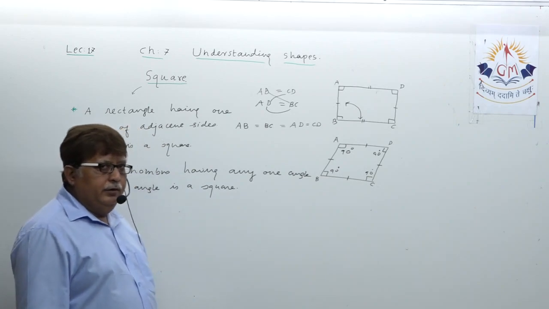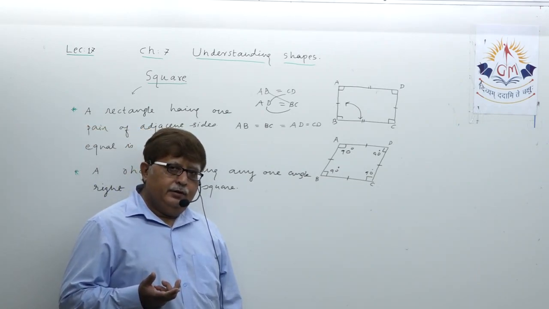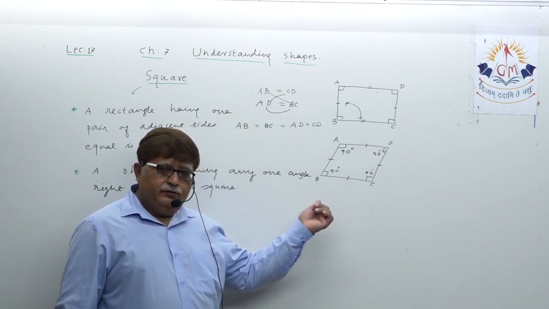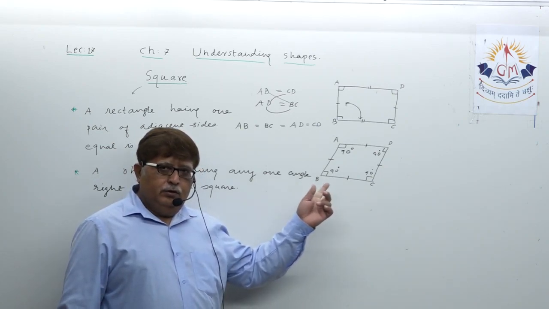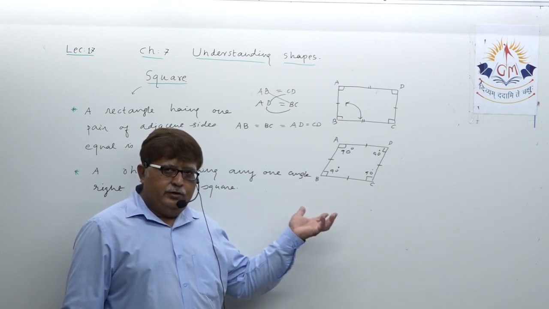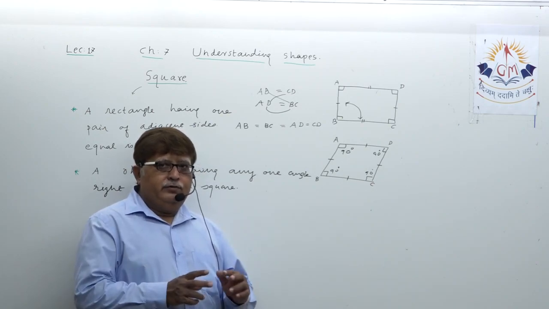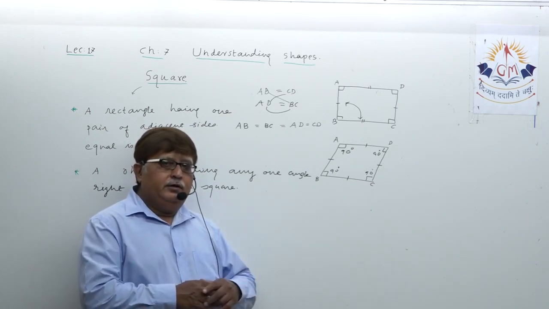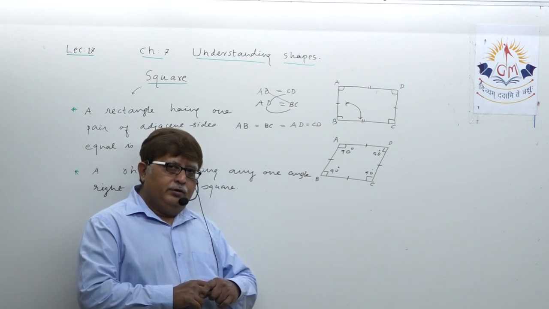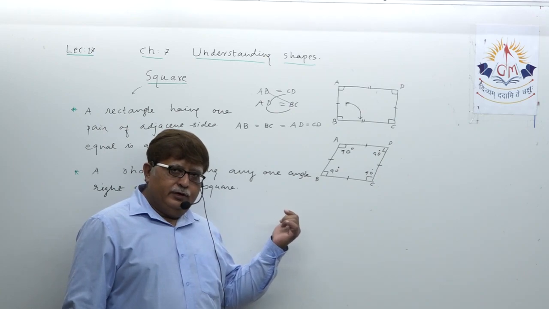Can a rhombus become a square? Definitely. A rhombus has all sides equal. That's one of the properties similar to square. But the difference is in a rhombus, all angles are not right angles. In a square, all angles are right angles.